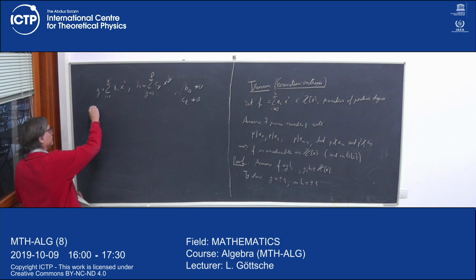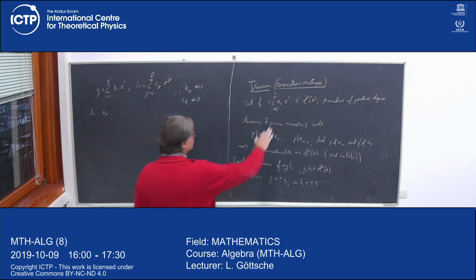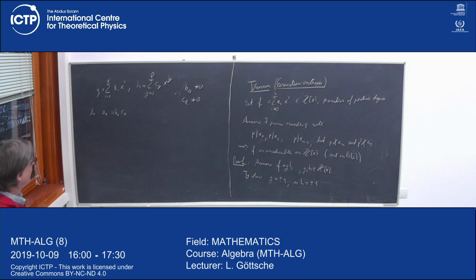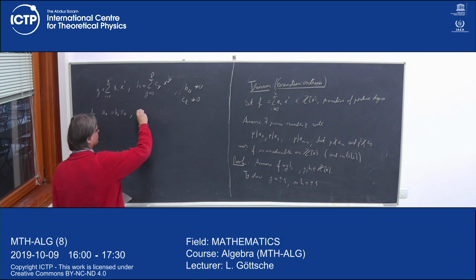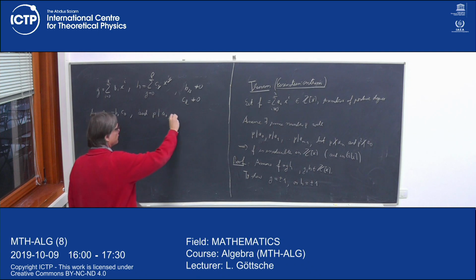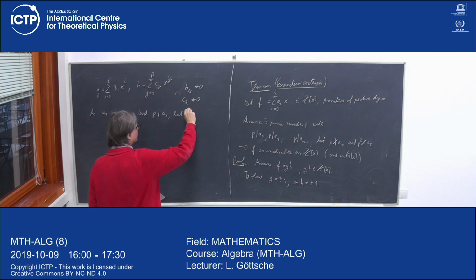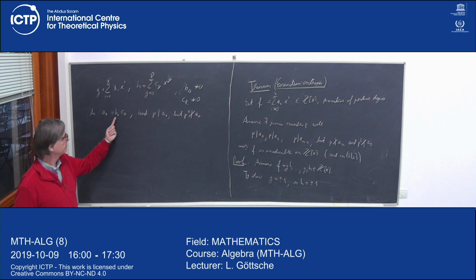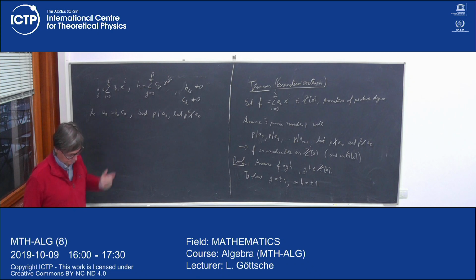So we know that a_0, the constant coefficient here, is just the product of the constant coefficients of these two. And we know that p divides a_0, but p squared does not divide a_0. So that means p can only divide one of the two factors. If it divides both b_0 and c_0, then p squared would divide a_0.